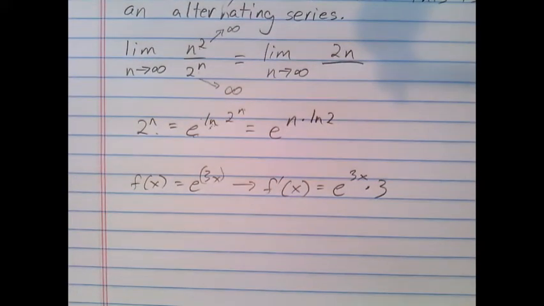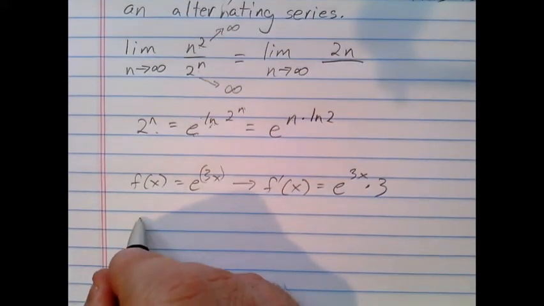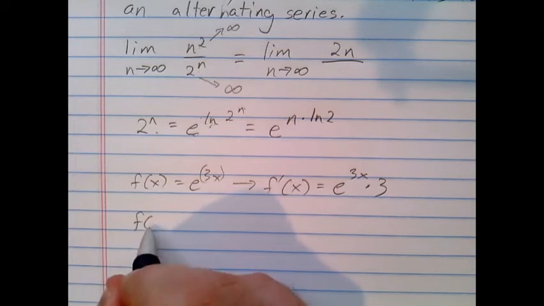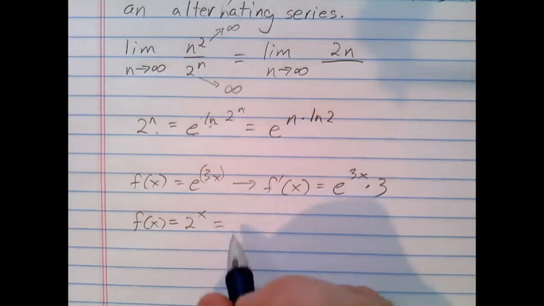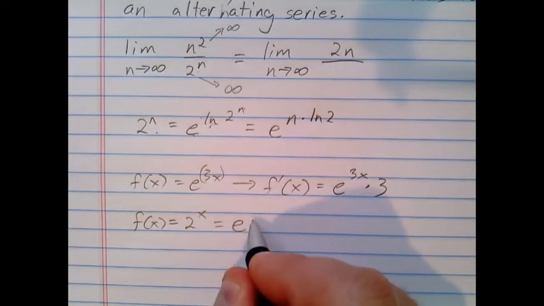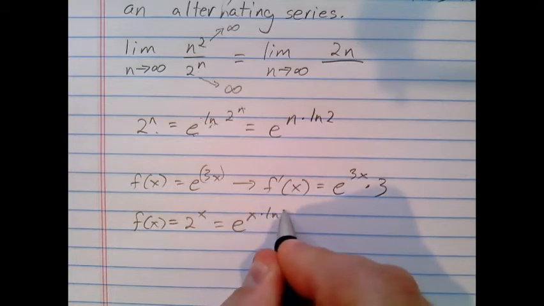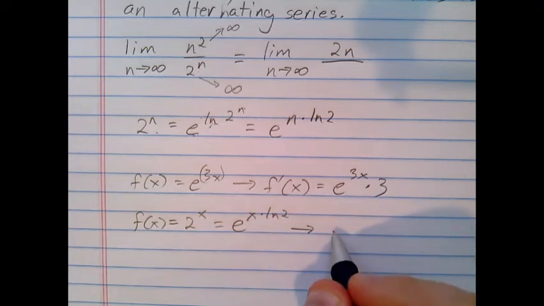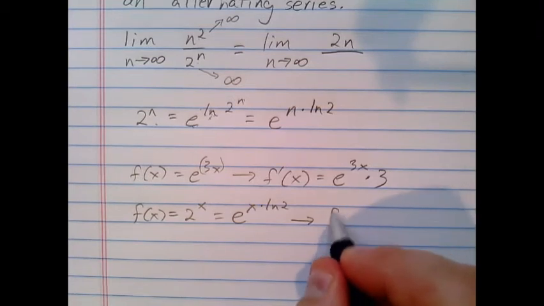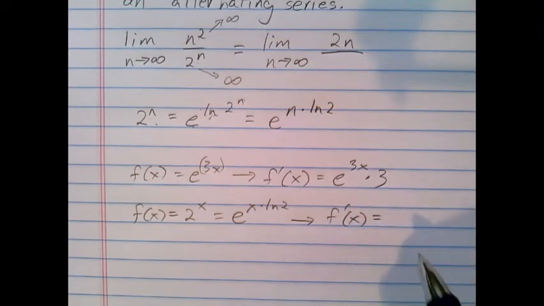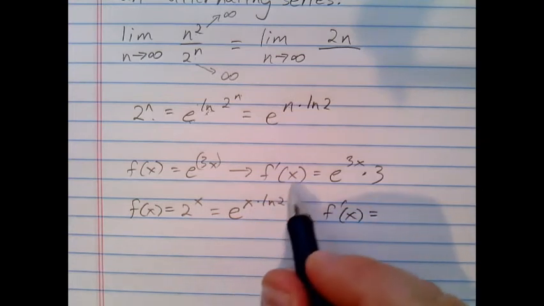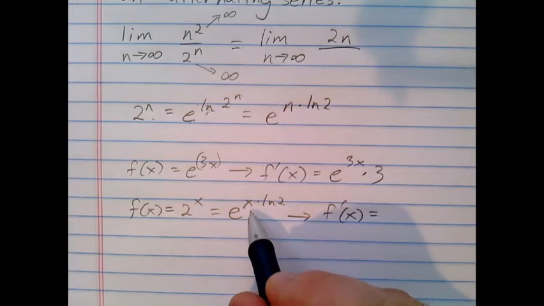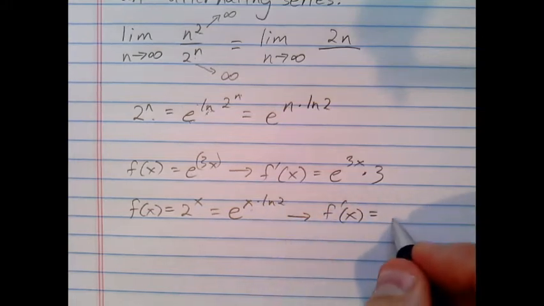So likewise, for f of x equals 2 to the x, which we've just seen could be rewritten as e to the x times natural log of 2, the derivative f prime of x would be, since this has that same form, basically just itself times natural log of 2.